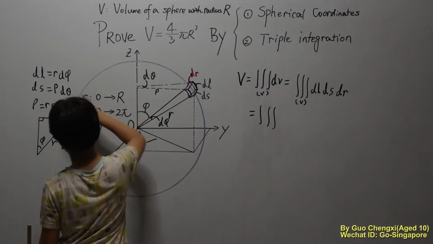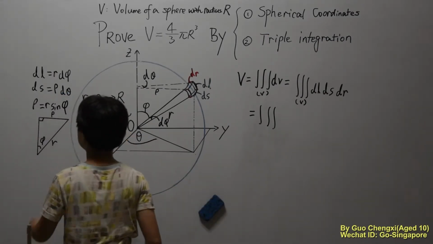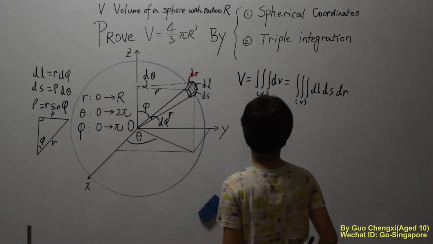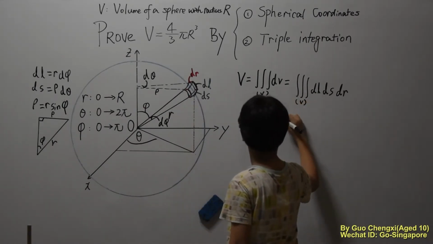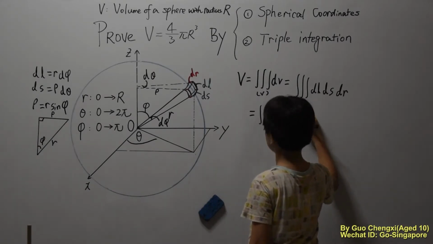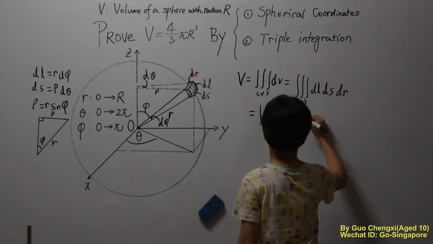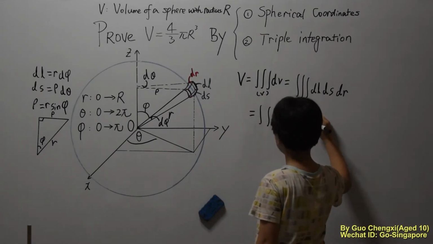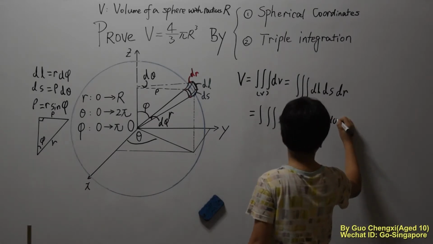Okay, let me just rewrite this. Now for this part, dl or d phi, then ds, let's write it the other way: R sine phi d theta.